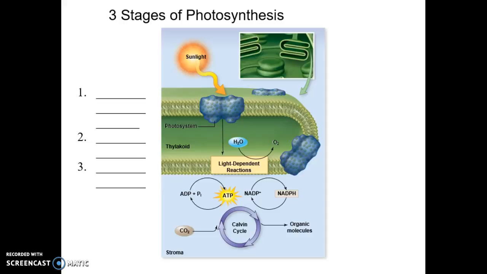Those get bonded to each other, and that creates that little glucose molecule. Once it has glucose, there's a whole list of things that can happen to that glucose molecule. Like I said, when we look at photosynthesis, we look at the big overall picture. We want to look at these three stages, and we'll talk about how each stage works and the finer details of each of the stages.